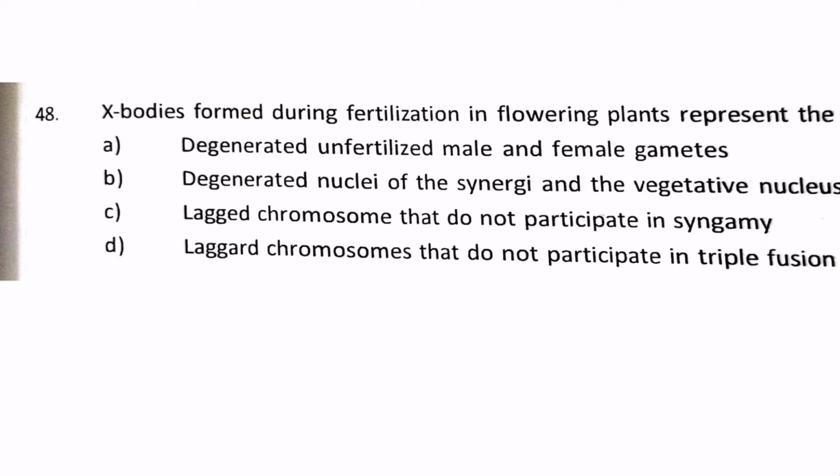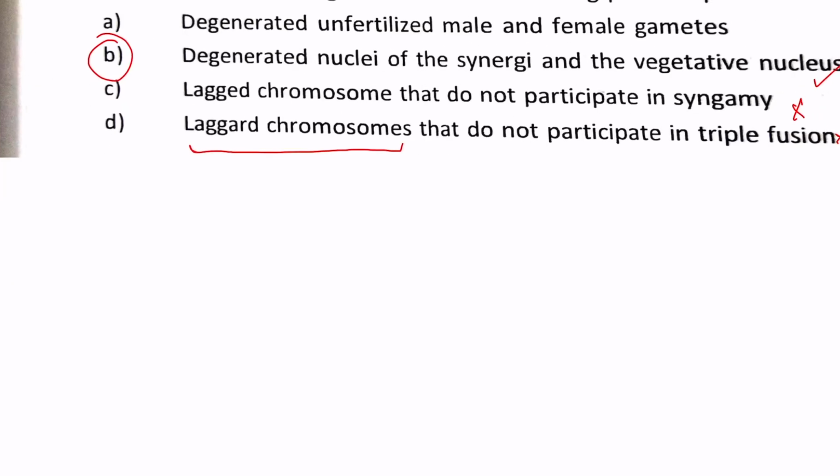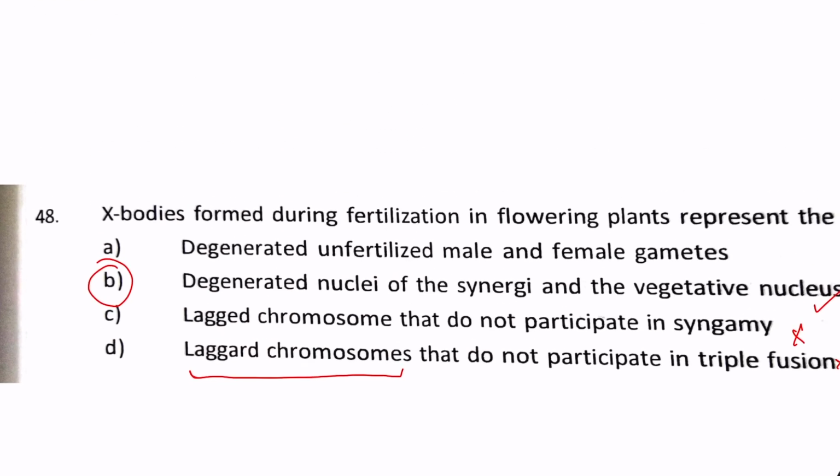Laggard chromosomes that do not participate in syngamy, or laggard chromosomes that do not participate in triple fusion? It is not a laggard chromosome, so both of these are wrong. X bodies are degenerated nuclei of the synergid and the vegetative nucleus that form the X body, so we should remember that. Our answer is B. Okay, so this was the last question from 2015.